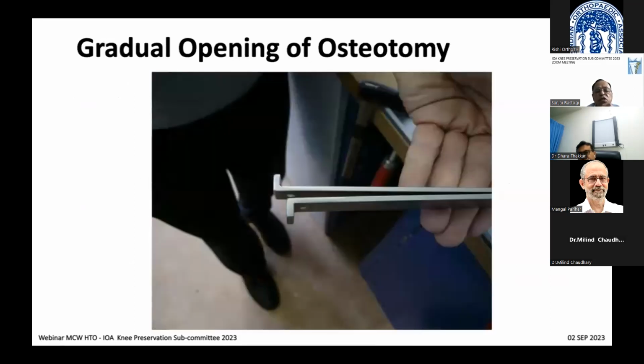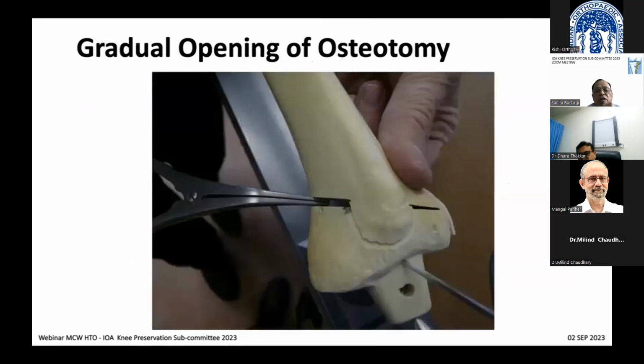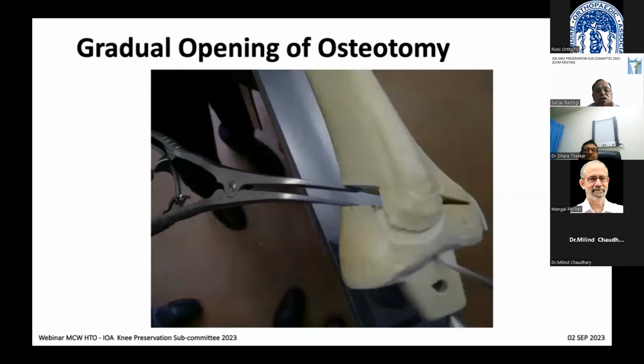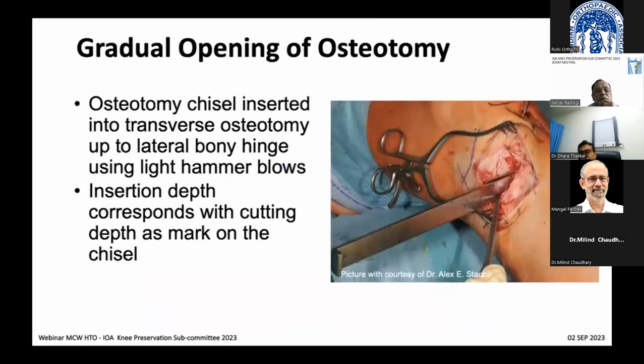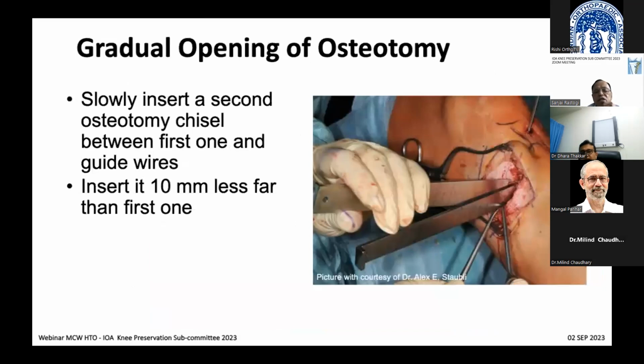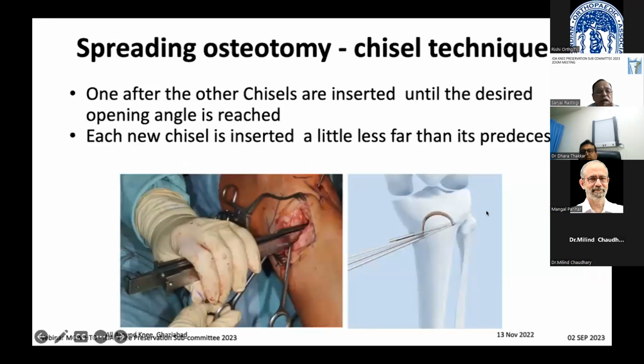The second chisel is passed less than the predecessor, and we can open with a spreading bone chisel to the amount of correction which is needed.